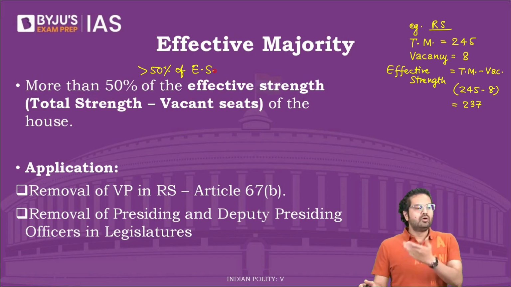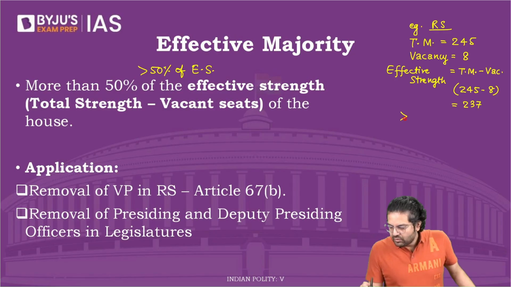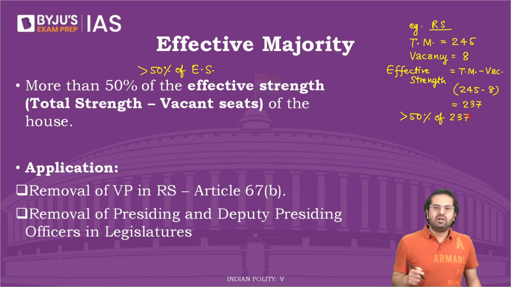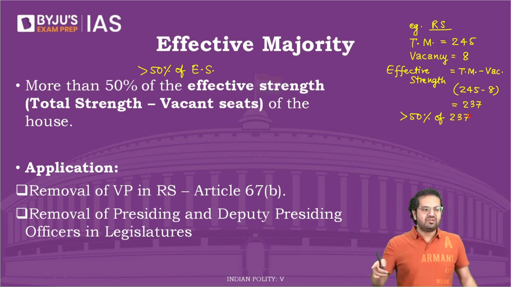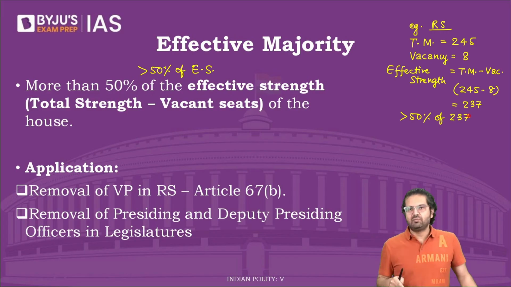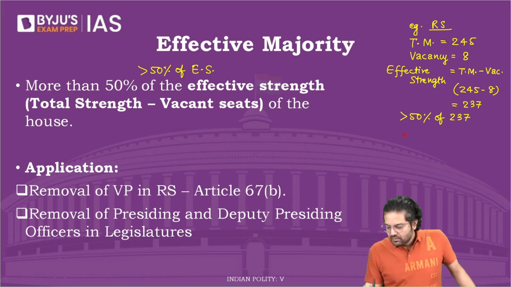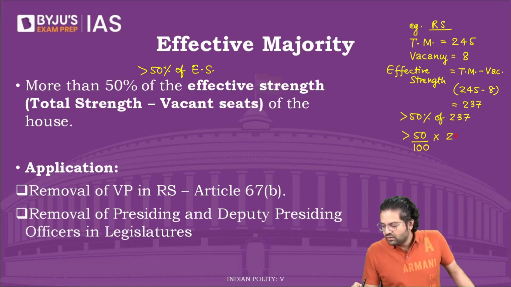So, for those who want to calculate, more than 50% of 237. In your school and college days, you please contact your maths teacher. Tell them, what is all this? What is being taught here? More than 50 by 100 is 50% into 237.